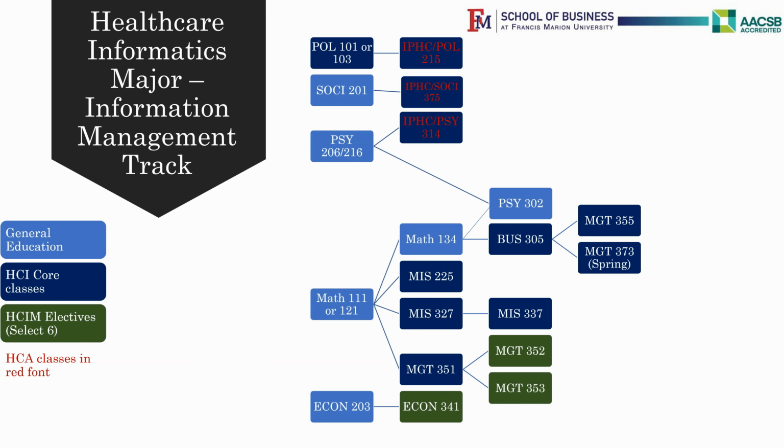Finishing Business 305 will get you into the core of the informatics major, Management 355, Operations Management, and Management 373, Business Analytics. Once you finish Management 355, you can then complete Management 356, Process Improvement and Quality Control, and Management 357, Service Operations Management.